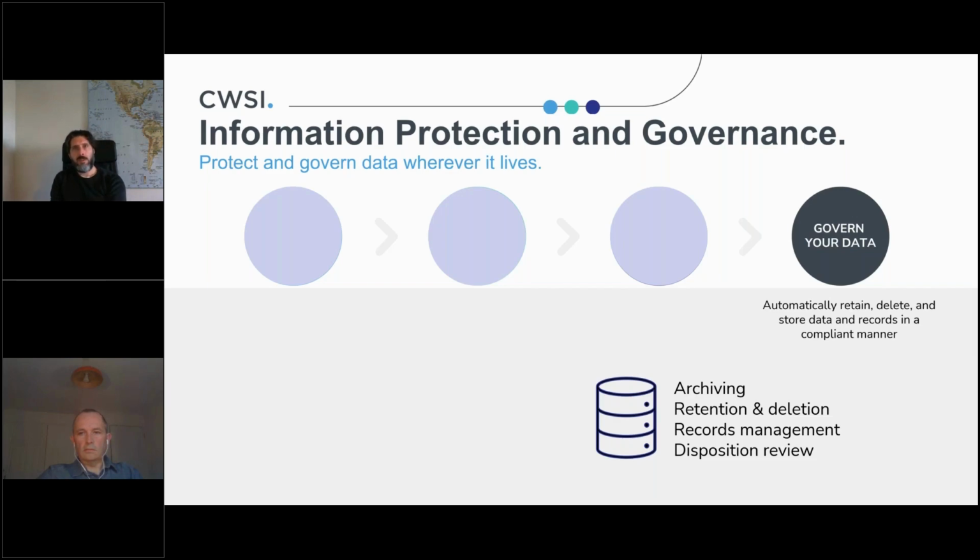So there is lots of capabilities out there that you can look at within, for example, the Microsoft suite around creating retention policies. So again, similar to sensitivity labels, you can use things called retention labels or retention policies, and you can specify how long a document should be retained for, and then what happens at the end of that time period. So do you want it to be automatically deleted? Do you want someone to be notified to make a decision to do some kind of disposition review?